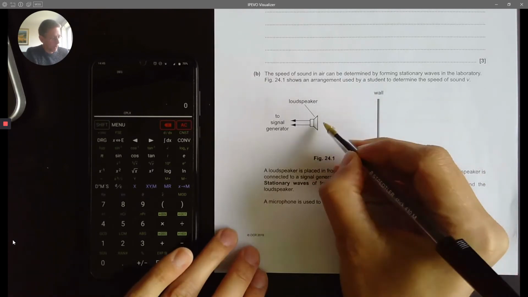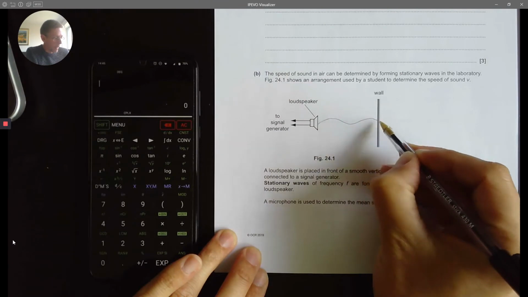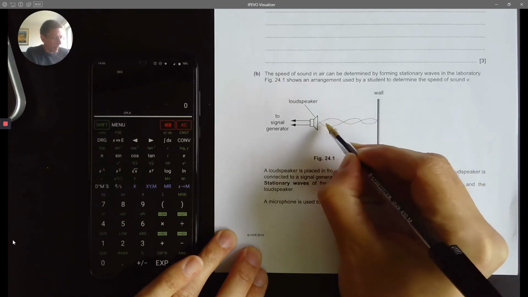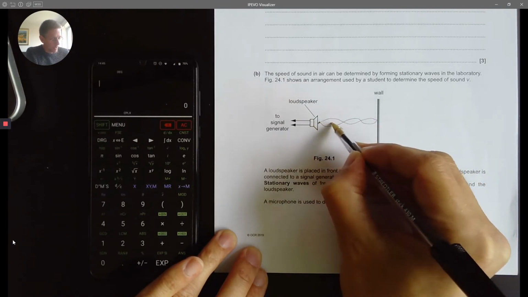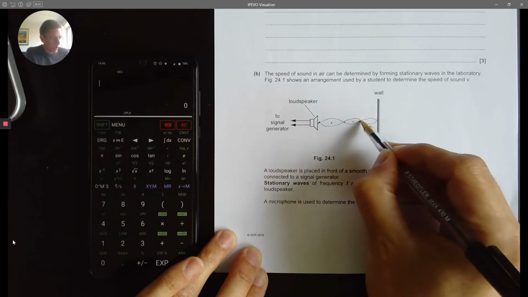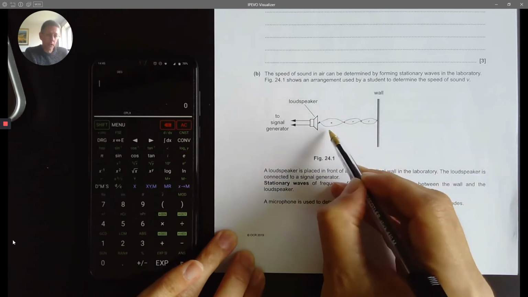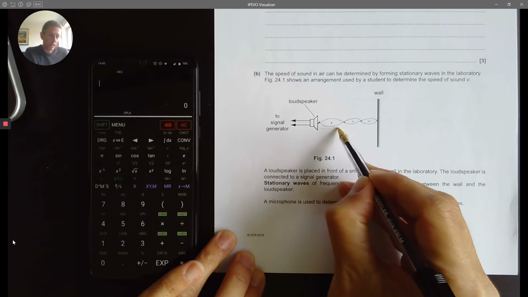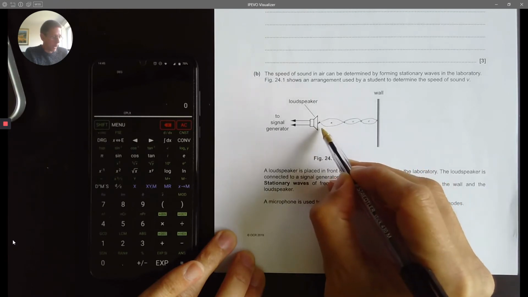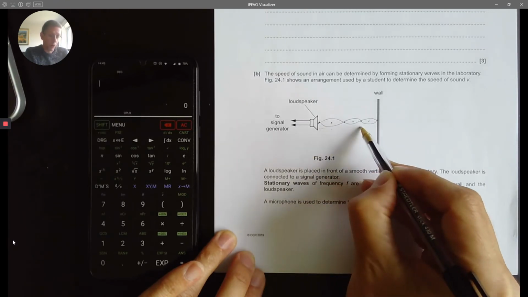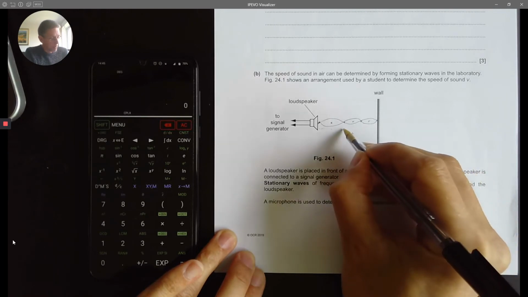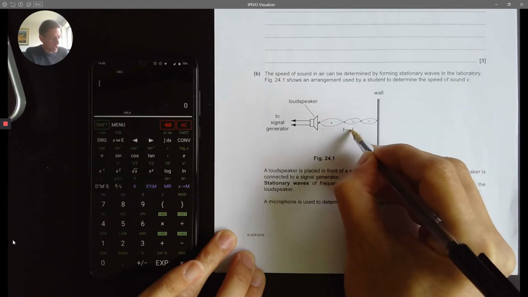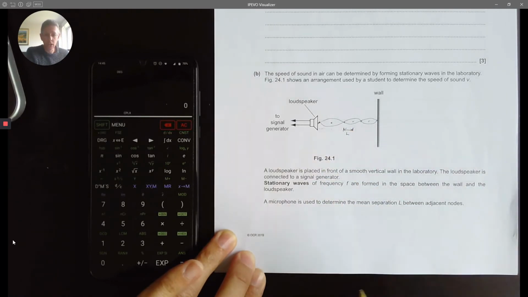So maybe the wave would go in and then bounce back, and then we'd have node, antinode, node, antinode, node, antinode, node. And what we're doing is we're moving a microphone along this gap, and it'll go quiet, loud, quiet, loud, quiet, loud. And what we're doing is measuring the distance between adjacent nodes, sorry, not node to antinode, which is the distance that they're referring to as L here.